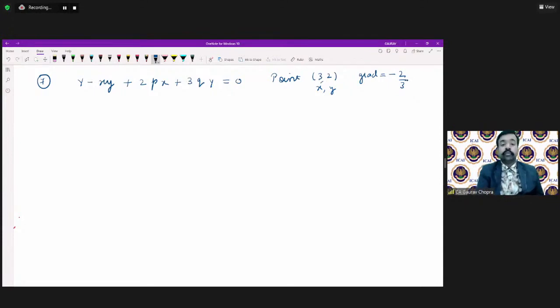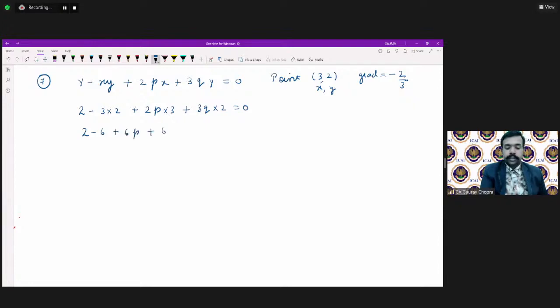So first of all, we have to substitute the values here. We are substituting the value of x and y: x is 3 and y is 2. So we are writing 2 minus 3 into 2 plus 2p into 3 plus 3q into 2 is equal to 0. So what we are getting, 2 minus 6 plus 6p plus 6q is equal to 0.